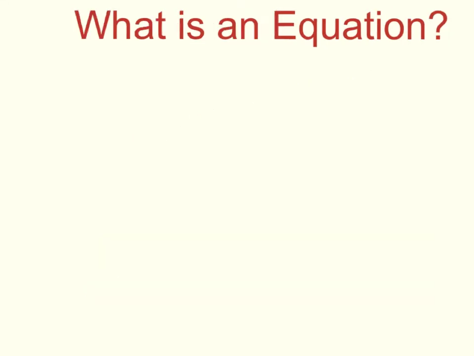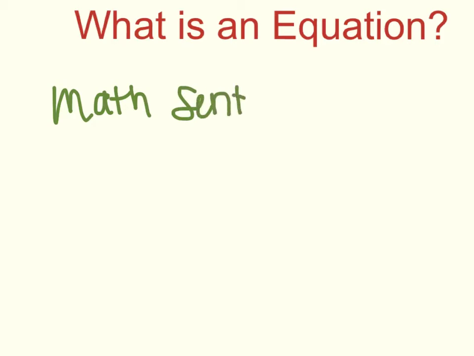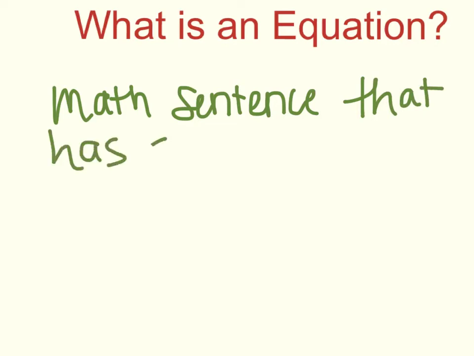Well, first we have to ask ourselves, what is an equation? I'm sure you've probably heard of it before, but it is different than an expression, which is what we've been dealing with. An equation is a math sentence that has an equal sign.